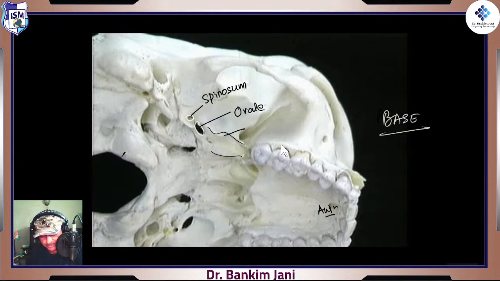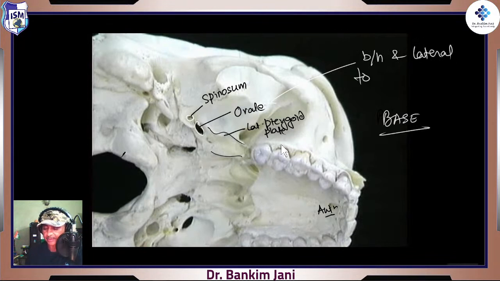This one is lateral pterygoid plate. Now we know the landmarks. That lateral pterygoid plate, and this one medial, is forming those boundaries of nasal. So foramen ovale is just behind and lateral to lateral pterygoid plate.